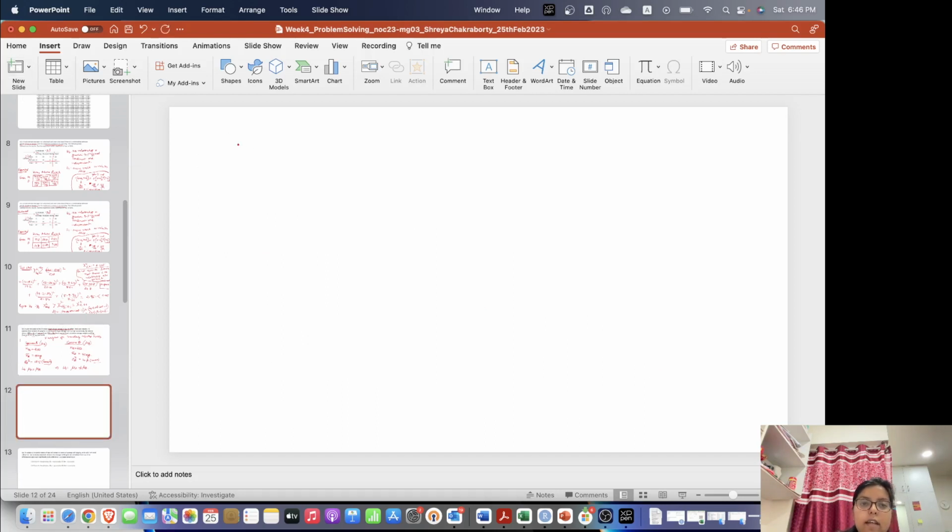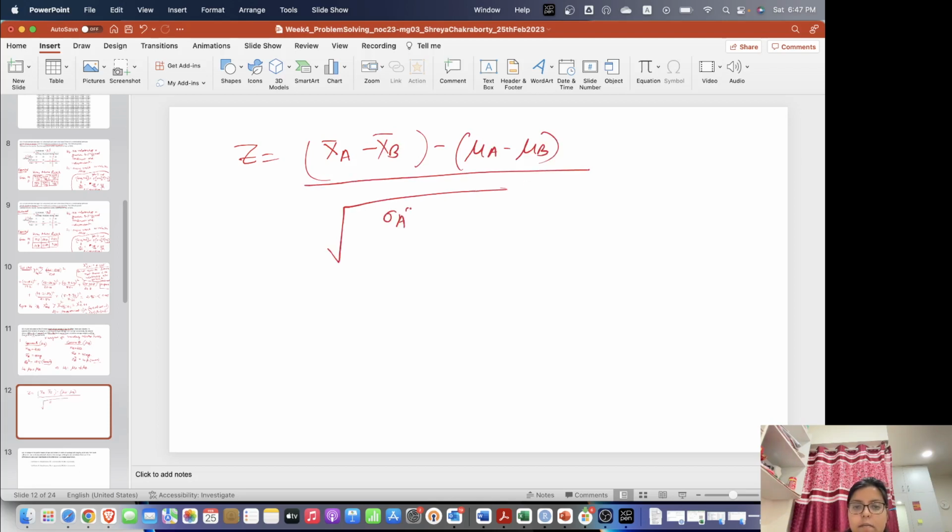So then the test statistic would be X_A bar minus X_B bar minus (mu A minus mu B) divided by root over sigma A square by N_A plus sigma B square by N_B, because we are assuming that species A and species B are independent.